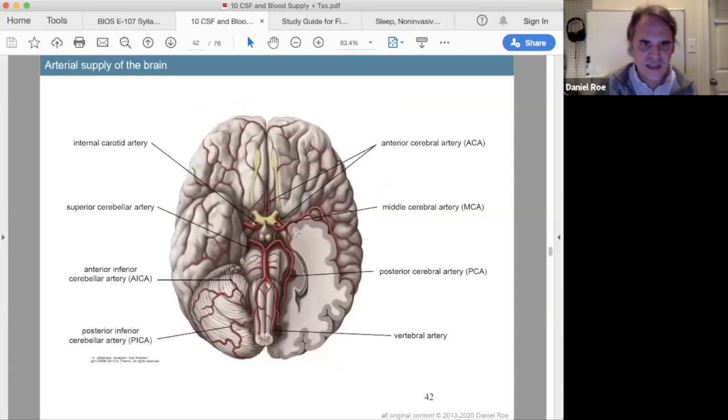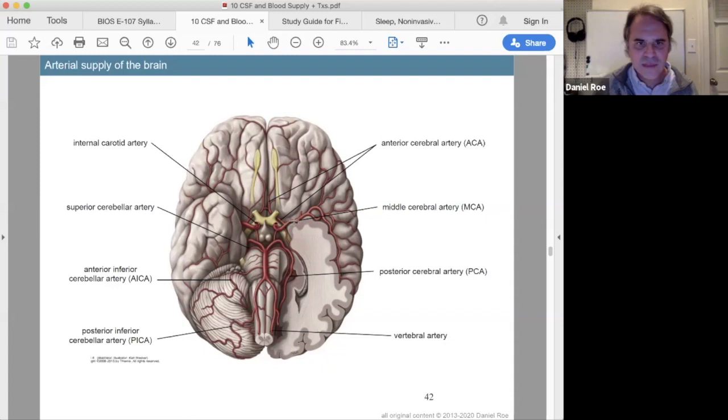So going forward, I like this illustration. It's the ventral surface of the brain, of course, anterior, posterior, vertebral arteries on either side, the singular basilar artery right there. Here they're not labeled, but that's labeled. Superior cerebellar artery, posterior cerebral artery, and here's the internal carotid where it becomes the middle cerebral artery.